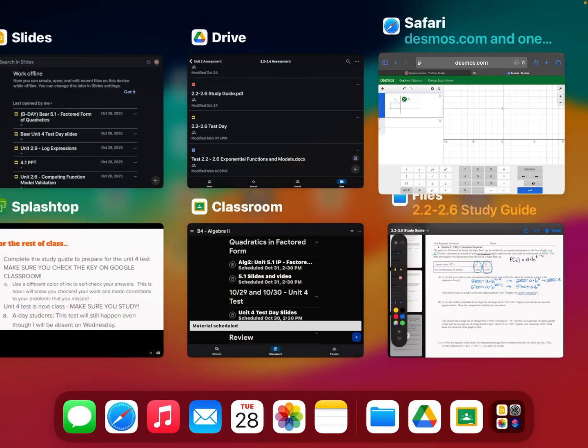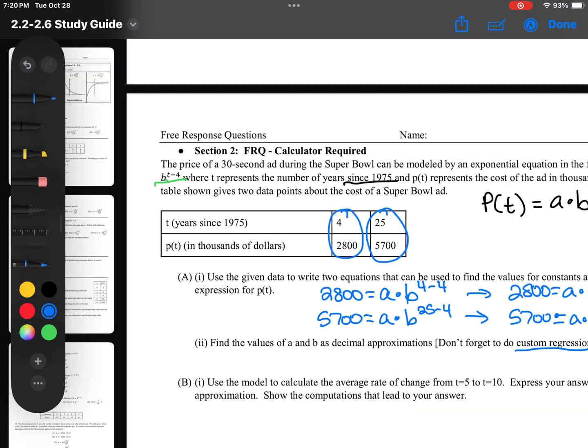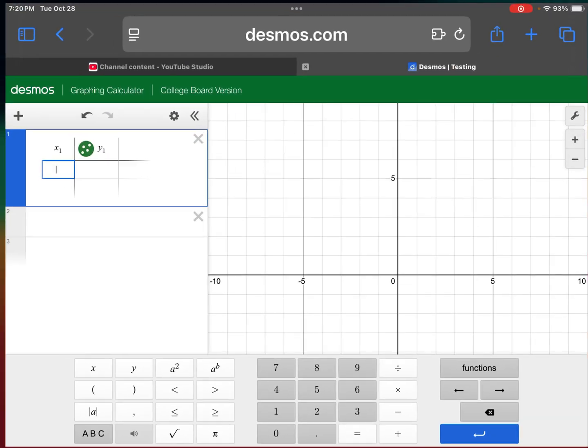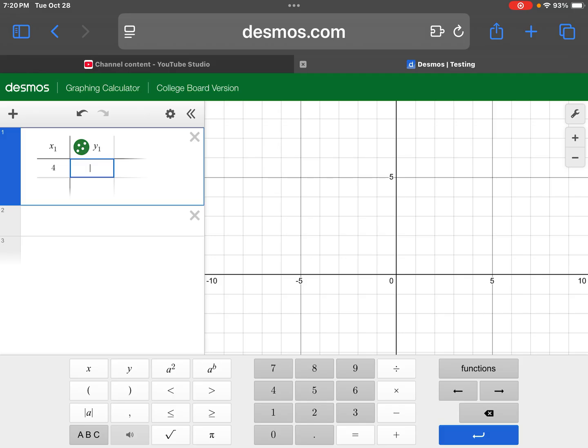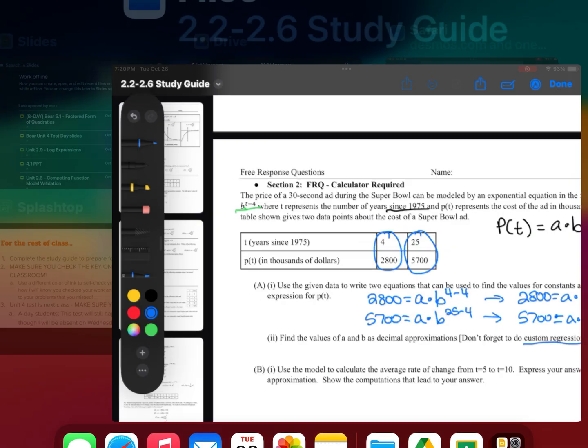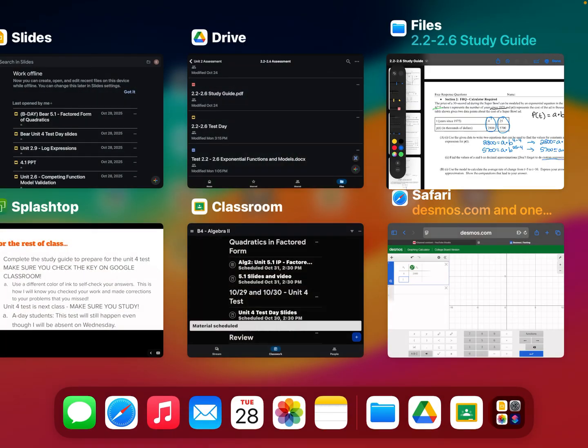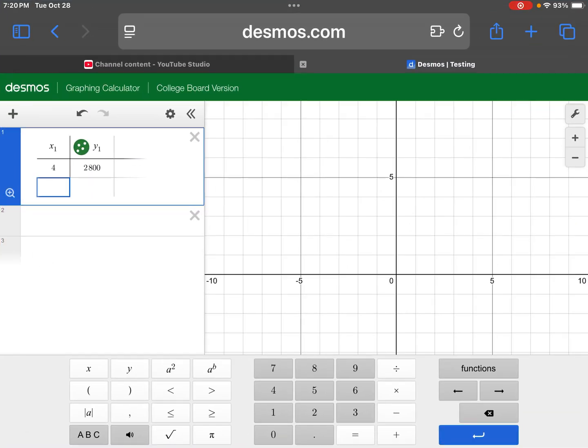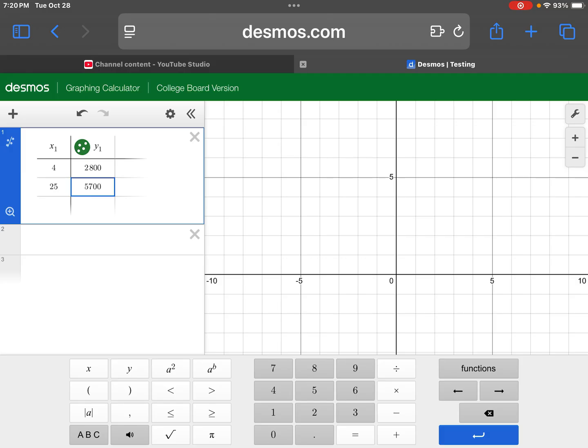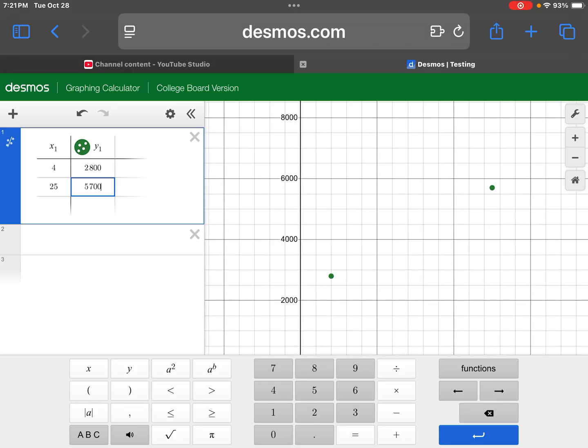My data values are 4, 2800, so when x1 is 4, I have 2800, and then for 25, I have 5700. All right, there's my data. I'm going to hit the little magnifying glass here to show me where those are.